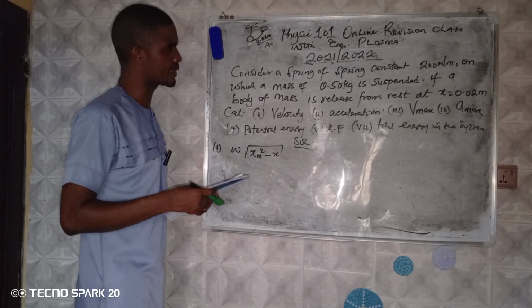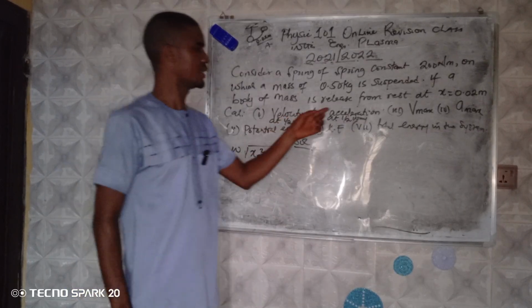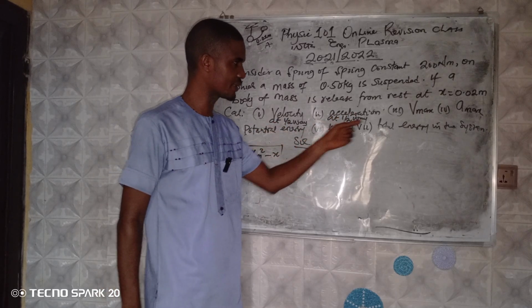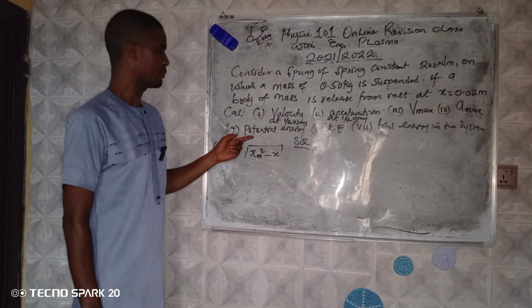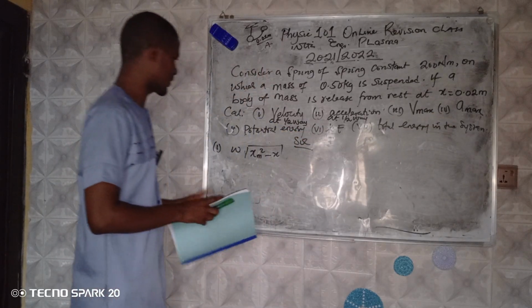There is something I omitted in the question. So the question says we should calculate velocity at halfway, acceleration at halfway, maximum velocity, maximum acceleration, potential energy, kinetic energy, and total energy in the system.